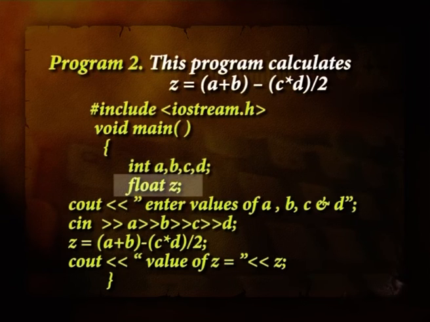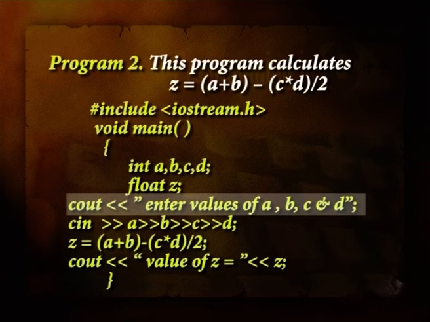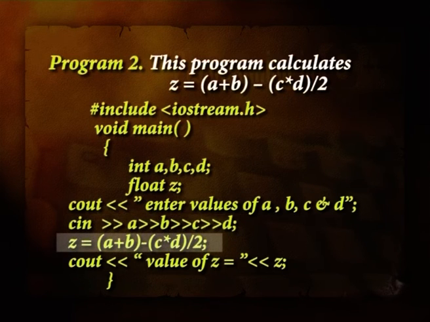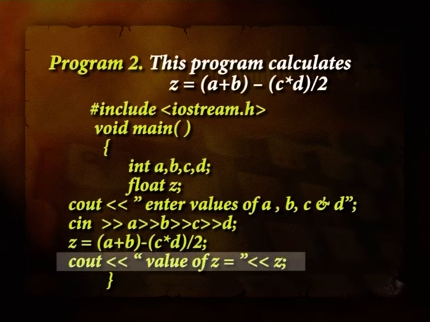Then we are declaring z as float, cout, enter values of a, b, c and d. Here we are prompting the user to input different values. Cin a, b, c, d, z equal to a plus b minus c into d divided by 2. Here the calculation is done. Cout, value of z equal to z. We are printing the value of z here.